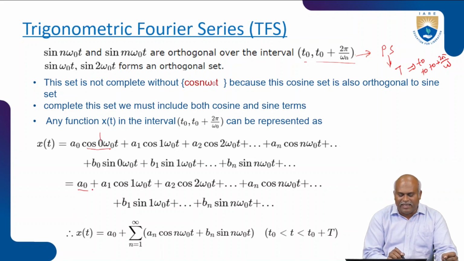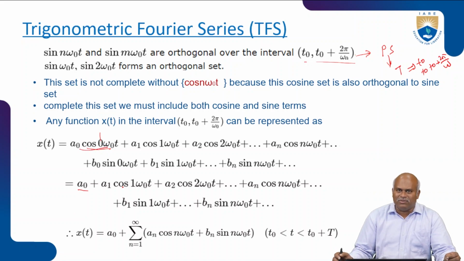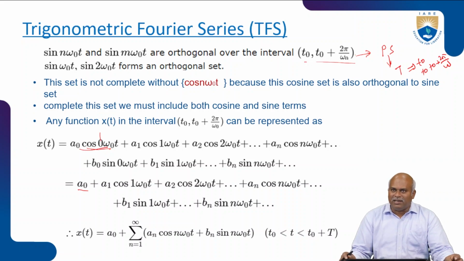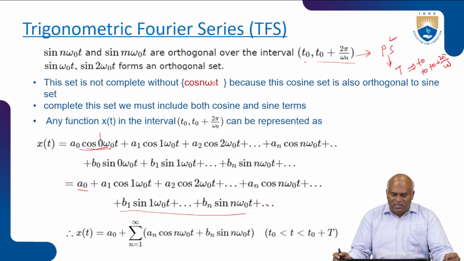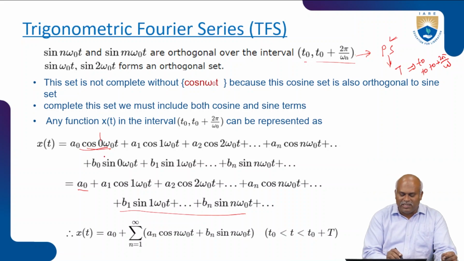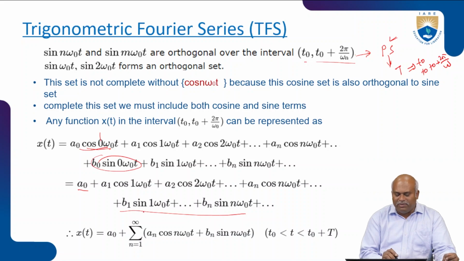Now cos 0 omega 0 t is equal to 1, so I write a0 first as a constant. Then after that a1 cos 1 omega 0 t plus a2 cos 2 omega 0 t up to an cos n omega 0 t. All of these are orthogonal, but this orthogonality holds for periodic signals. Next we have the sine terms: sin 0 is equal to 0, so then b1 sin 1 omega 0 t up to bn sin n omega 0 t.